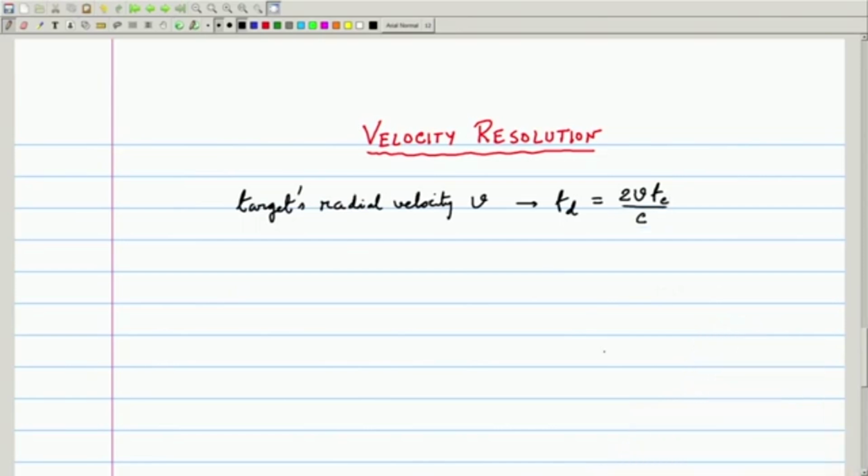Now let us say again I have a stationary target, and let us say that its pre-envelope is psi t.